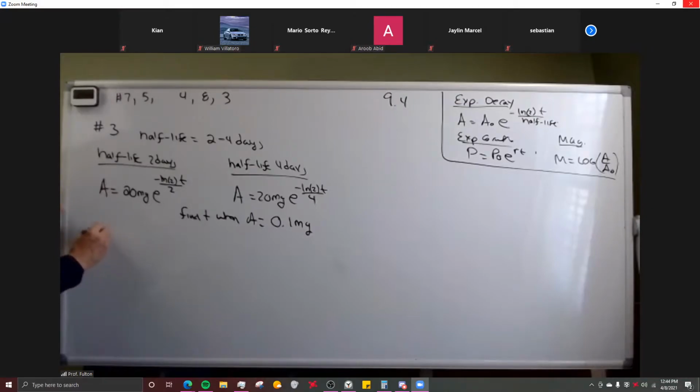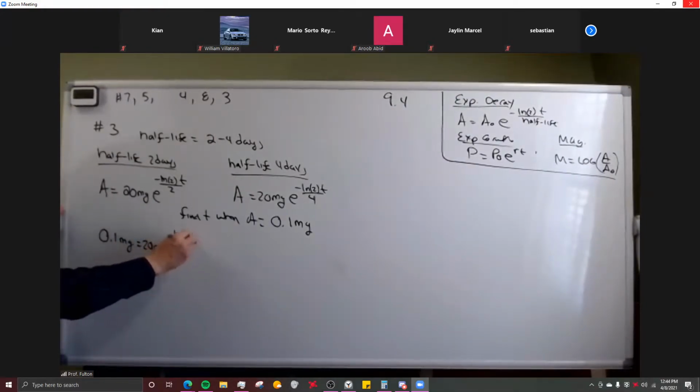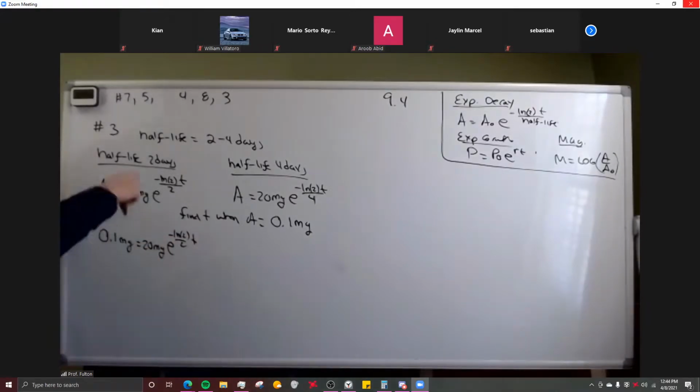So 0.1 milligrams is equal to 20 milligrams e to the minus natural log of 2 over 2 times t. So I need to solve this. Take logs, get rid of the units of milligrams. They cancel out. Let's divide this first.